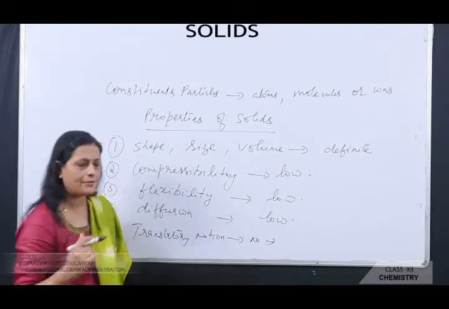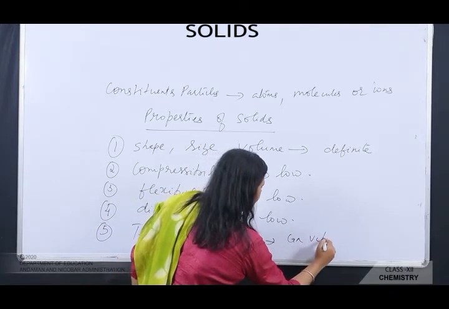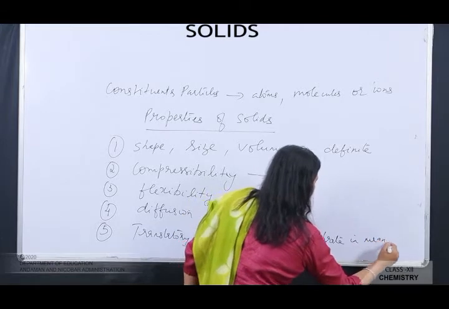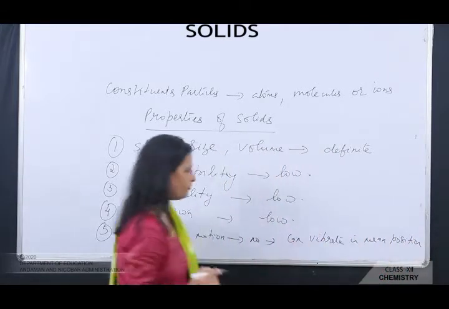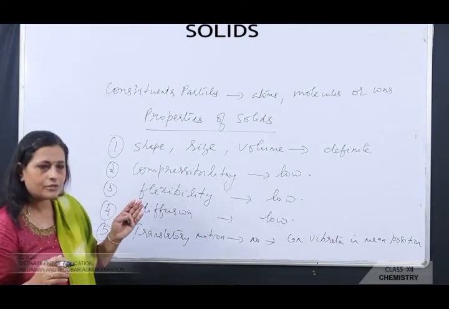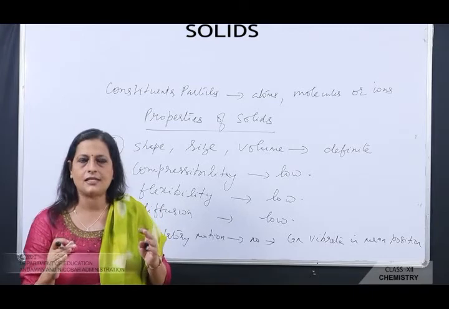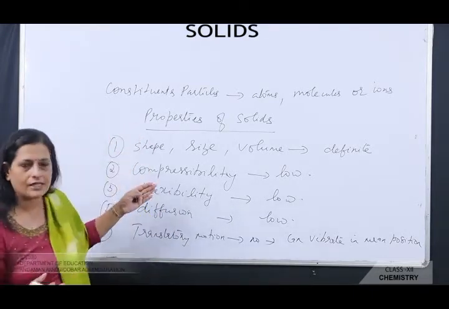They can only vibrate in mean position. So these are the properties of solids. Solids are those in which the constituent particles are closely packed, as the intermolecular force of attraction is very strong, which gives rise to the properties of solids.